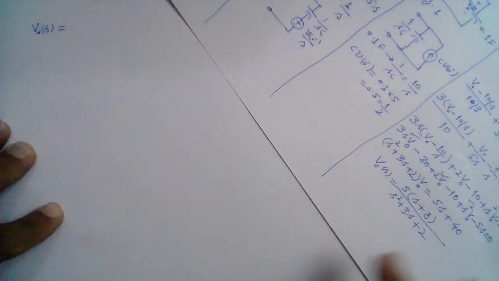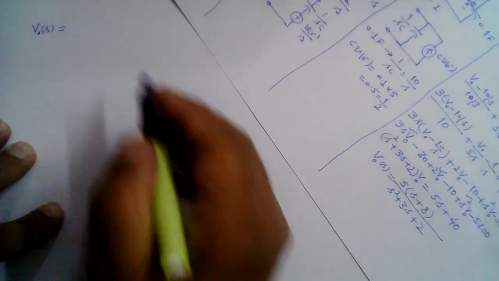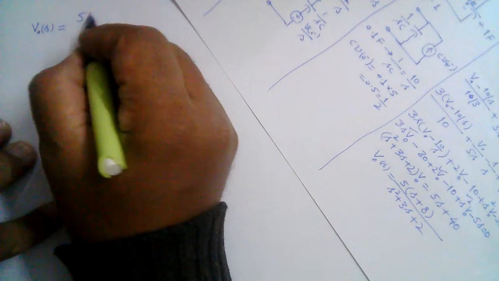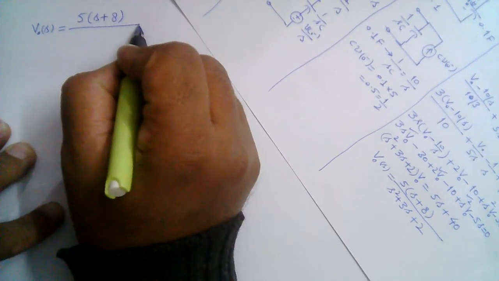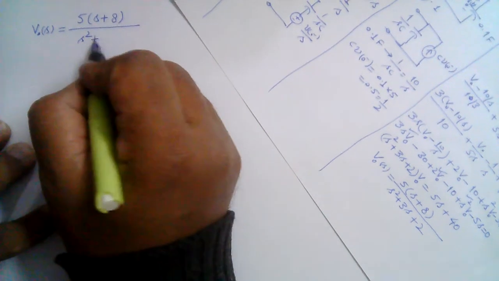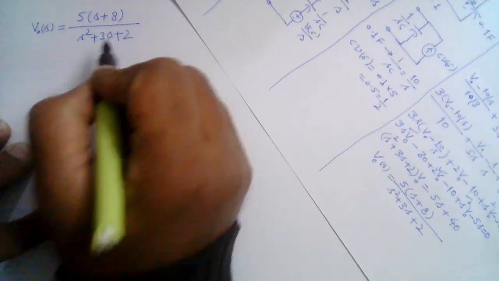Let me write the v naught term here. So that is 5 into s plus 8 divided by s square plus 3s plus 2.